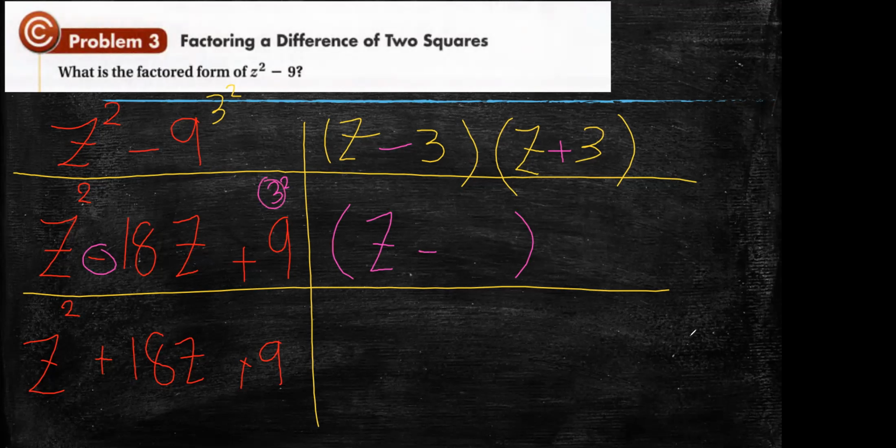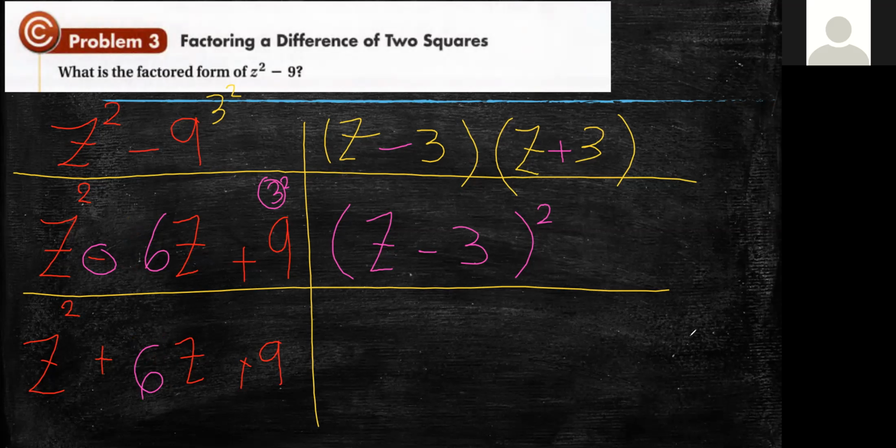minus 3, and if you multiply negative 3 times 2, now if I multiply z times negative 3 times 2, did I get the middle term?